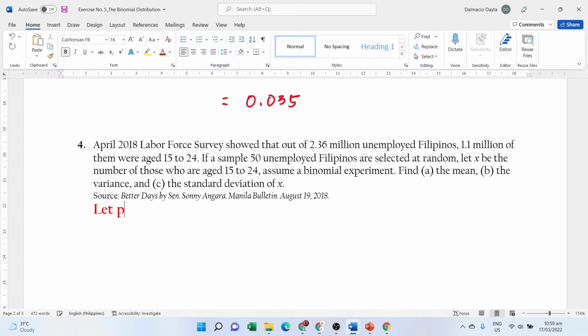So let us have P, the probability that the Filipino aged 15 to 24 is unemployed.